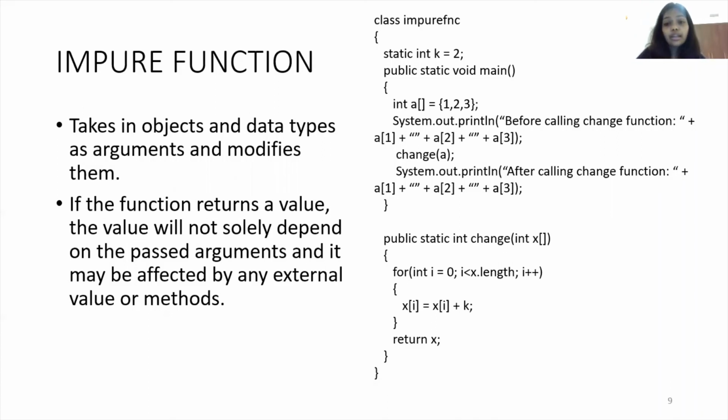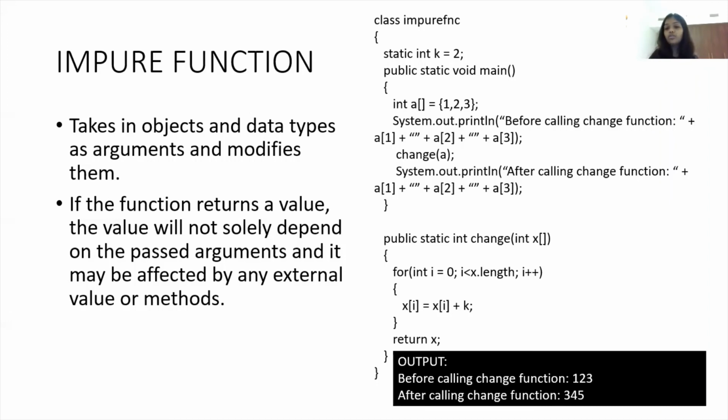Inside main, before calling the change function, the value of the elements will remain 1 to 3, while after calling the change function, the impure function will modify the array, and since it is a reference data type that is passed to the change function, it will affect the original value, and hence after calling the function, the value of the elements of the array will be 3, 4, and 5, with 2 added to each element.